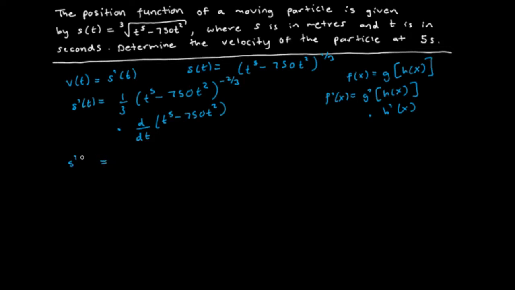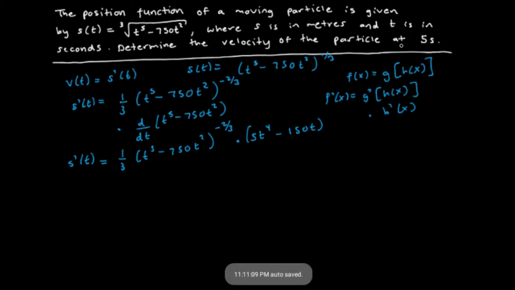Okay, and this is going to give us s prime of t is equal to 1 over 3 times (t to the power 5 minus 750 t squared) to the power negative 2 over 3 times 5t to the power 4 minus 150t. Okay, now we want to figure out the velocity of the particle at 5 seconds.